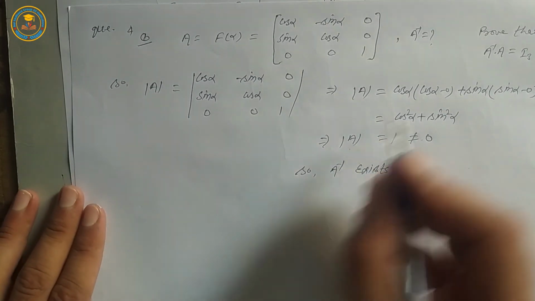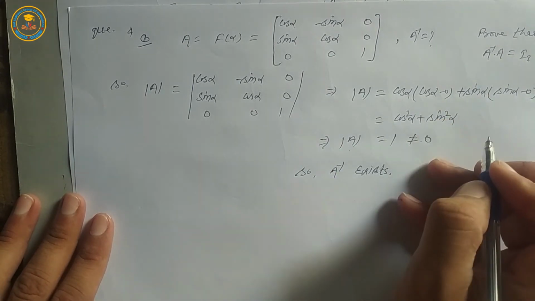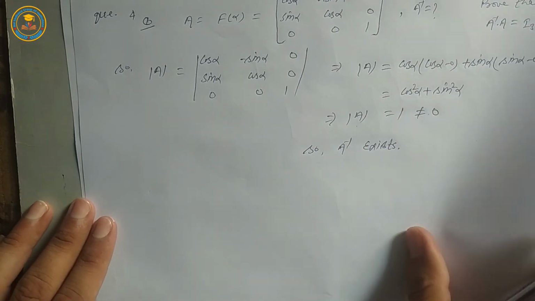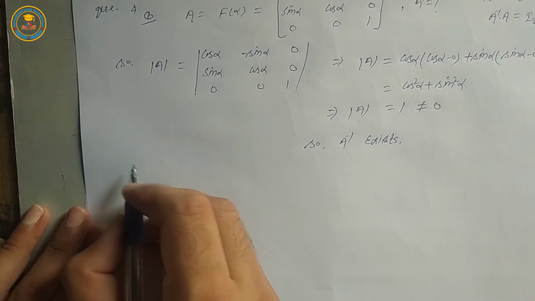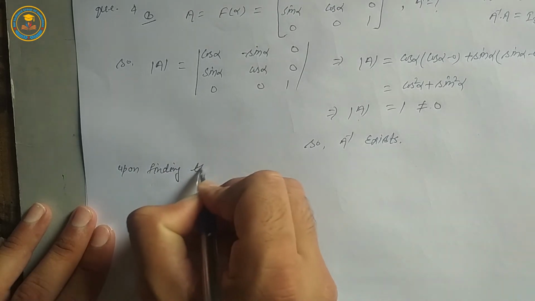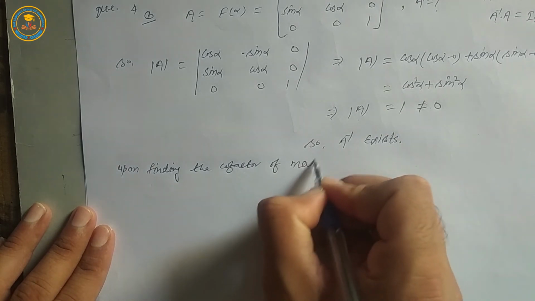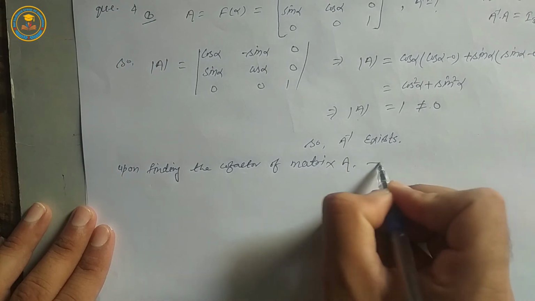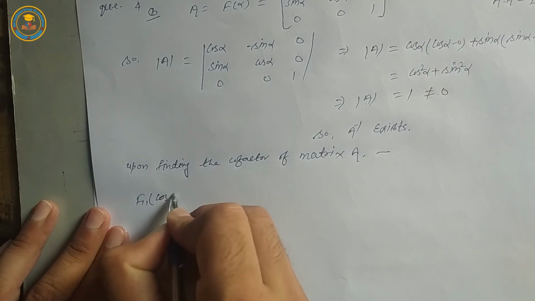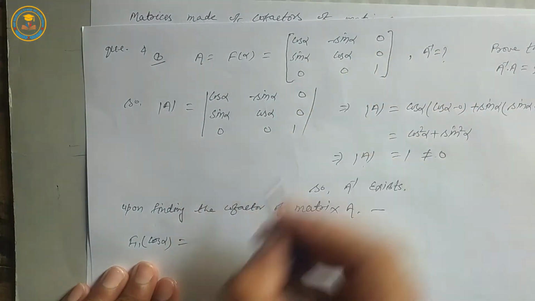The formula of A inverse equals adjoint A upon determinant A. Working rule of adjoint A: upon finding the cofactor of matrix A. F11 is cos alpha.